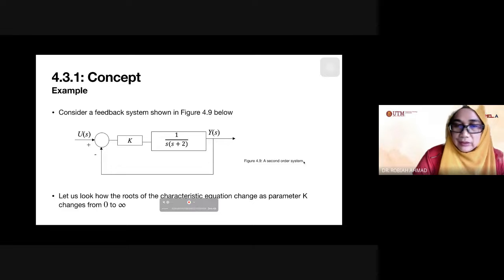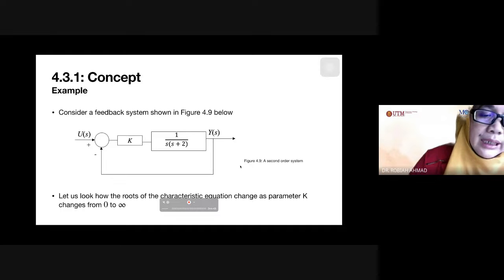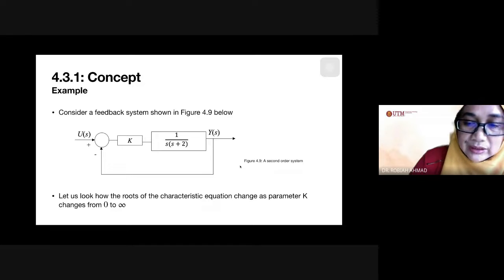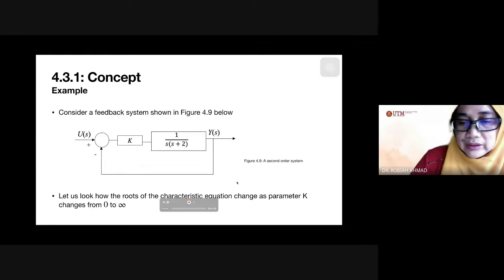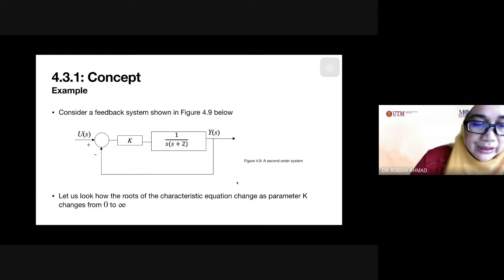Definitely it is a second order system because it is s squared plus 2s. Now let us look at how the roots of the characteristic equation change. The roots, apa tadi? Yang ni lah, the poles. The roots of the characteristic equation change as parameter K changes from 0 to infinity.